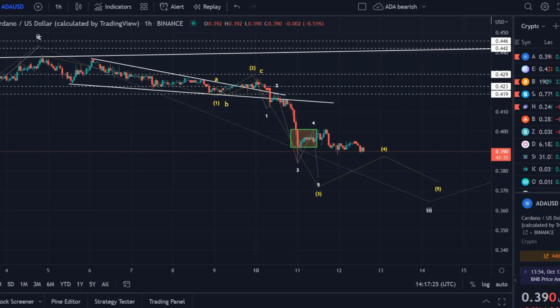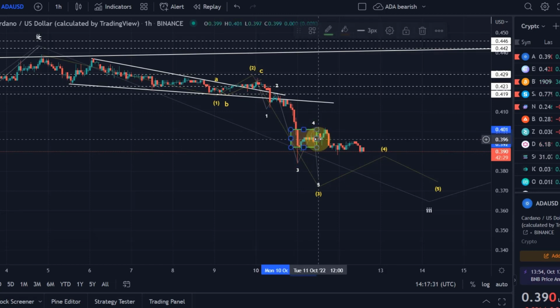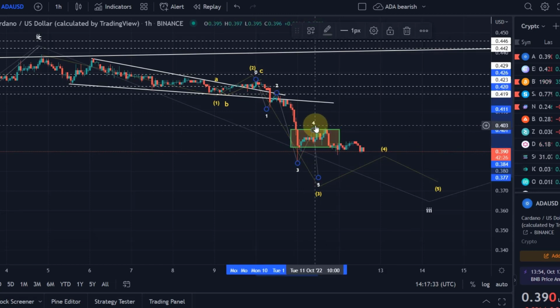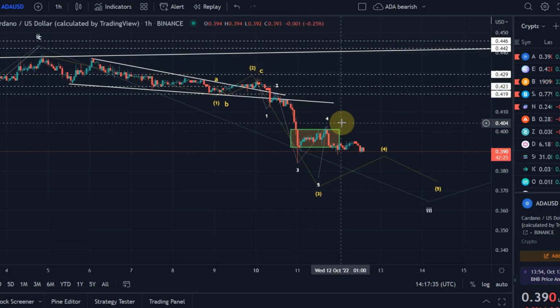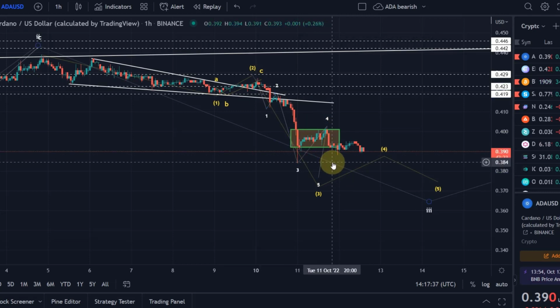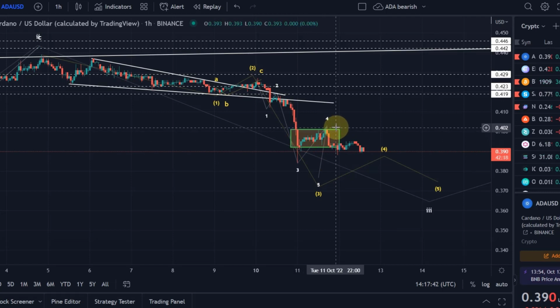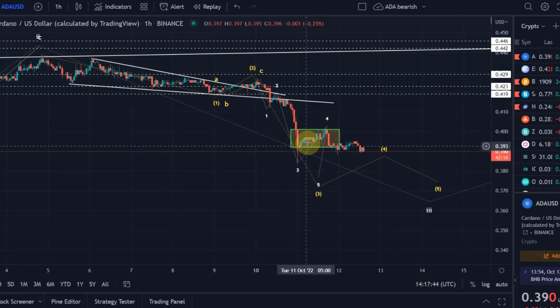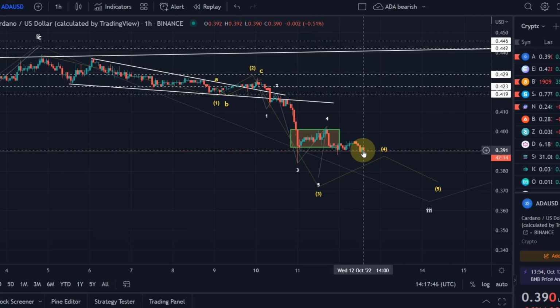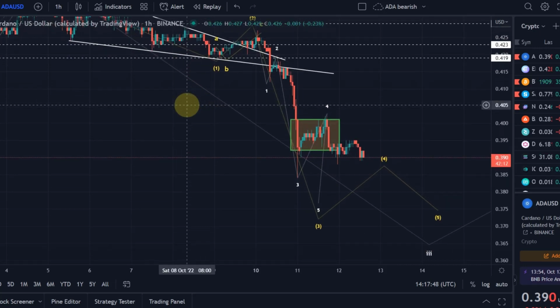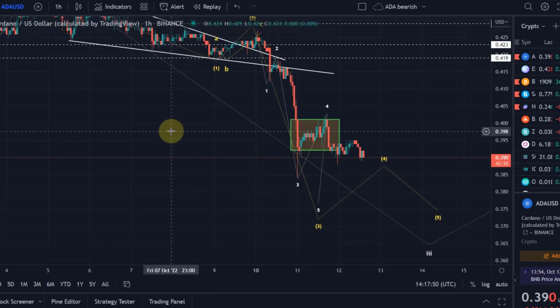I already mentioned to you in the previous video that it could very well be that this here is just an ABC and the wave 4 was already finished here, but that as long as we stay above 38.4 cents and as long as we stay below 40.2 cents, this could very easily just be an Elliott wave triangle. And that is getting to the end now, presumably.